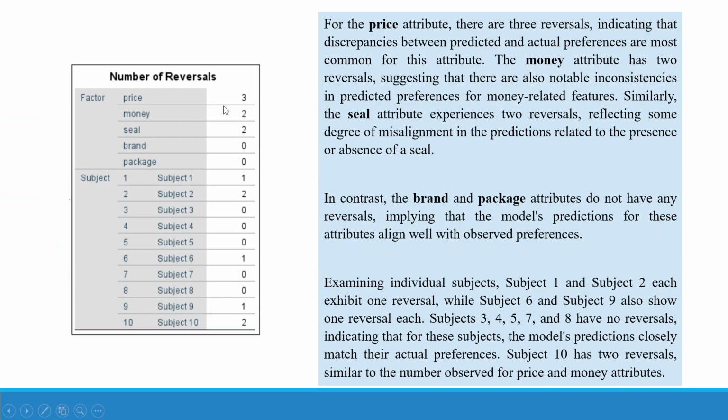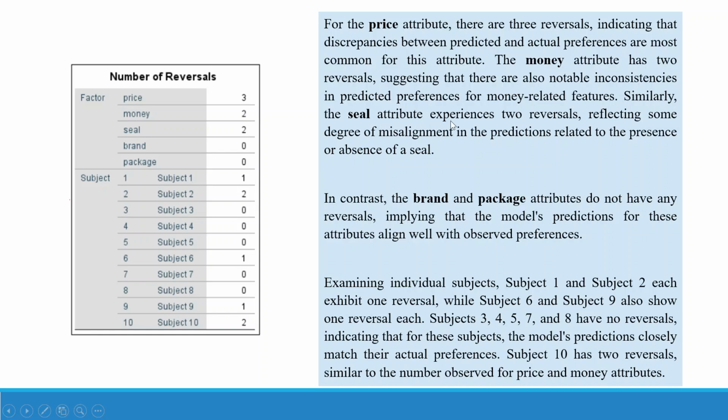For the price attribute, there are 3 reversals, indicating that the discrepancies between the predicted and actual preference are most common for this attribute. The money attribute has 2 reversals, suggesting that there are also notable inconsistencies in predicted preferences for money-related features.